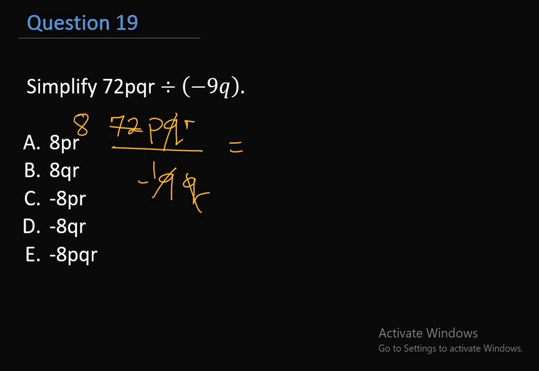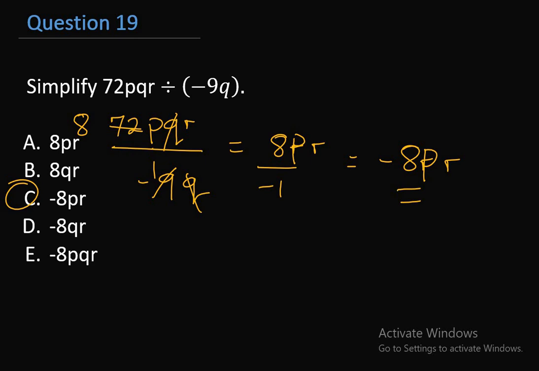So we'll be left with 8R over minus 1. 8R divided by minus 1 will give me minus 8R. Sorry, 8PR. I didn't cancel the P. 8PR. So it will be minus 8PR, which is C.